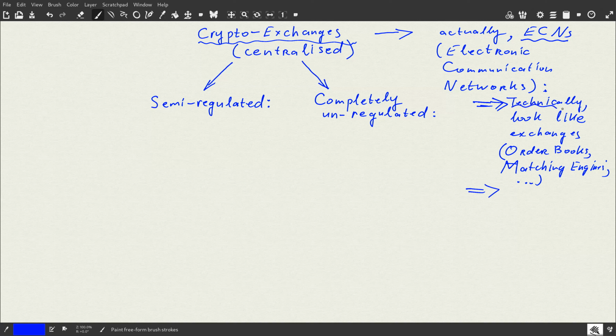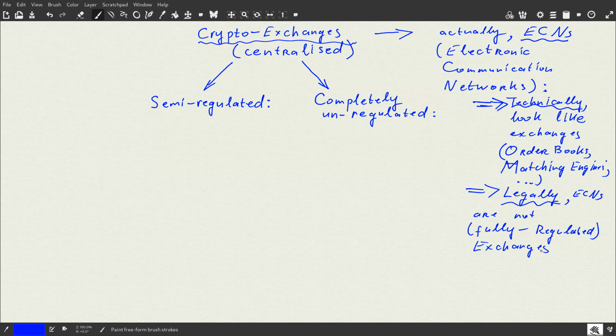That's technically. Legally, ECNs are not exchanges, I would say not fully regulated exchanges. Because they are not fully regulated, they are semi-regulated or completely unregulated.